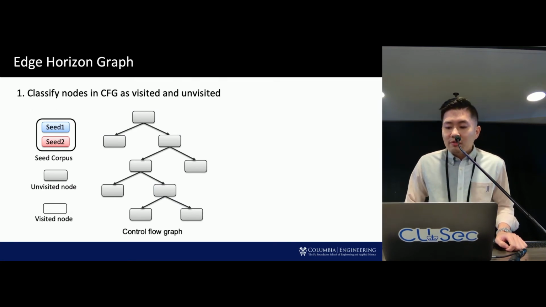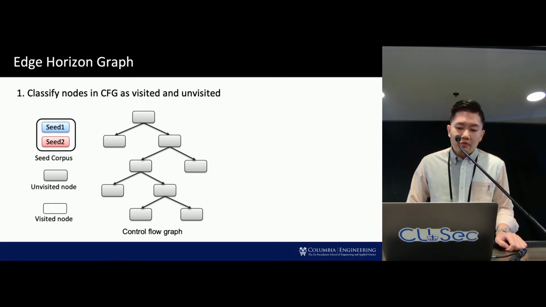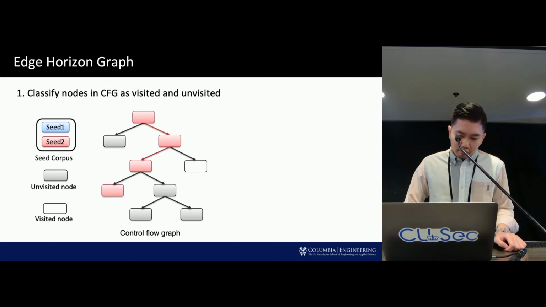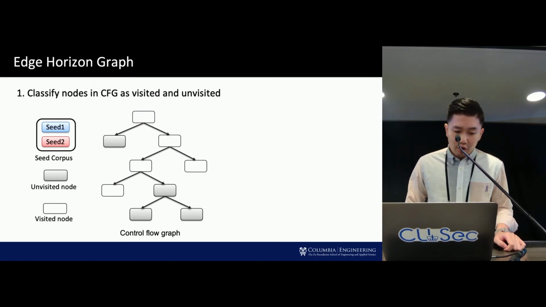Next, I will briefly explain how to build an edge horizon graph. We first classify nodes in the CFG as visited and unvisited, like this. First, obtain execution paths for seed 1, then for seed 2. Then we mark all visited nodes in white and unvisited nodes in gray.